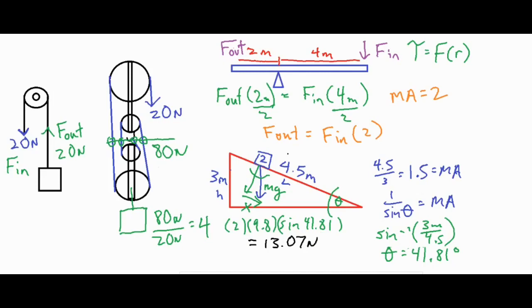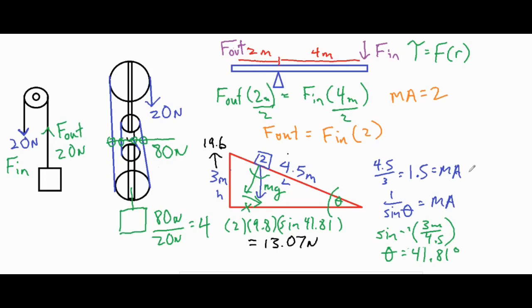Now, what you're getting out of that is you only need to put in 13.07 newtons to lift something that weighs 19.6 newtons, because the mg, the 2 times 9.8, is 19.6 newtons. So if you're overcoming the 19.6 newtons, you are pushing with 13.07 to get up that ramp, but then in turn you're able to lift something up that's 19.6.